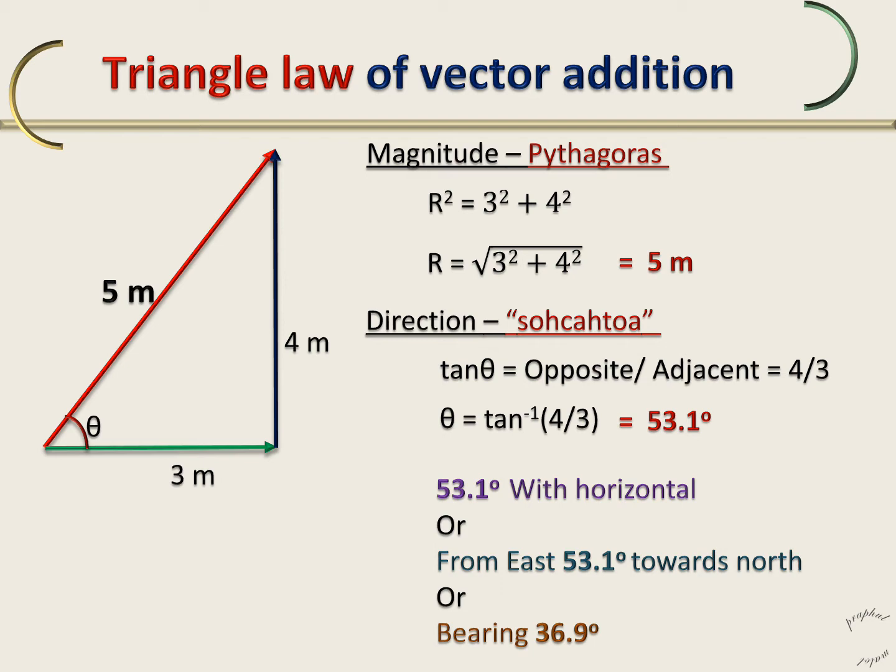Either you can write with horizontal, or with vertical, which is just subtracting from 90. Or you can express the exact direction from the east, how much it has moved while going towards the north. Or even explain in terms of bearing. Okay, so we have found the magnitude and direction of the resultant vector.